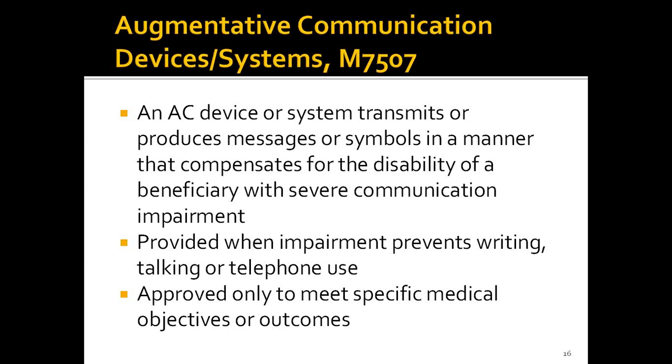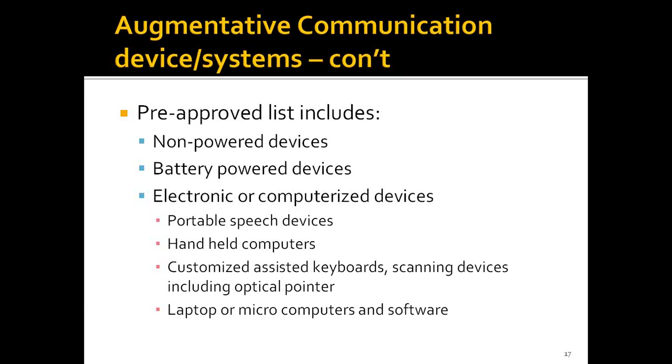It's provided, and this goes to the issue of medical necessity, when the impairment prevents writing, talking, or telephone use. And it will only be approved if it meets a specific medical objective or outcome. And we'll talk in just a few minutes about medical necessity, but those are all requirements or elements that go to that standard of medical necessity.